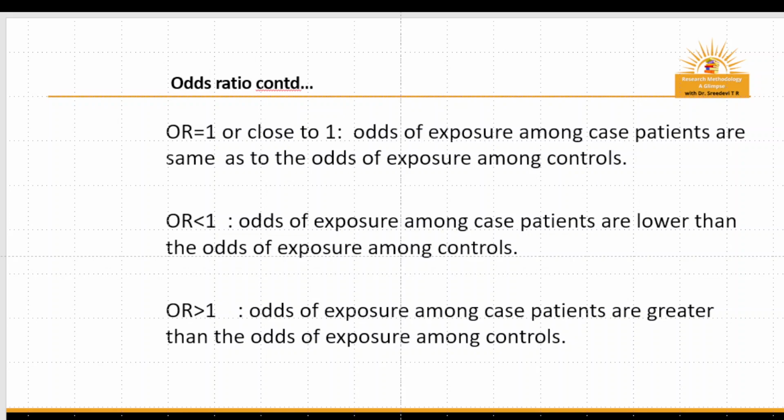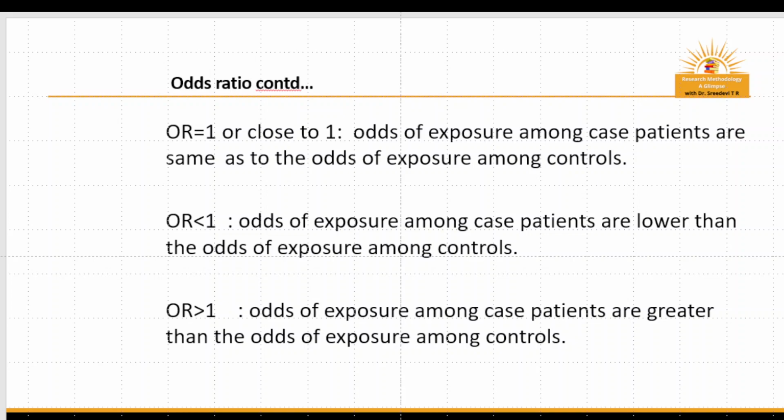Here, A equals 50, and AD by BC, D equals 40, that is 50 into 40 divided by 10 into 10, which equals 20.